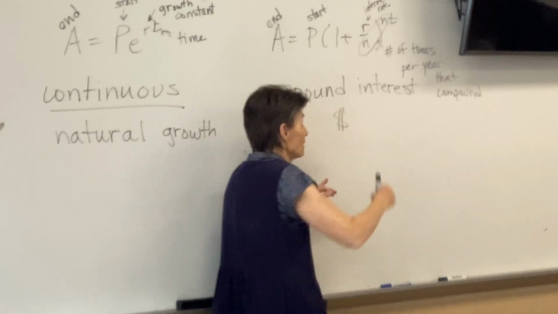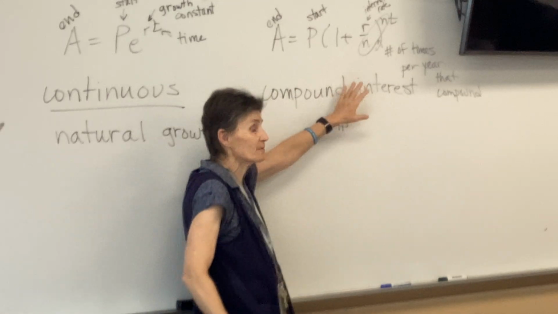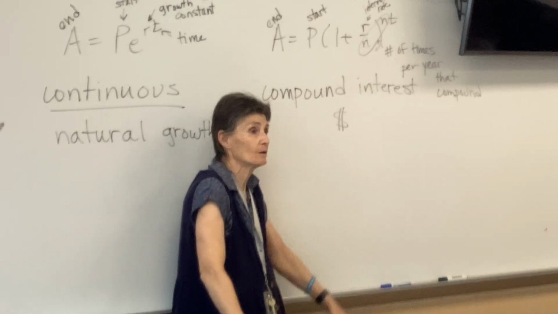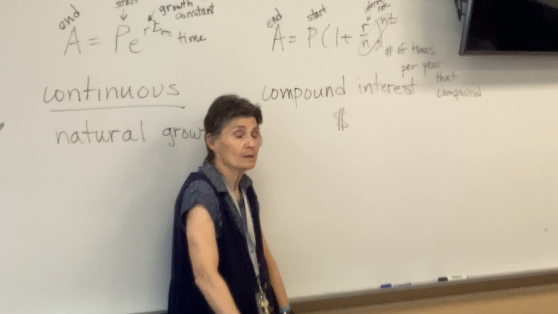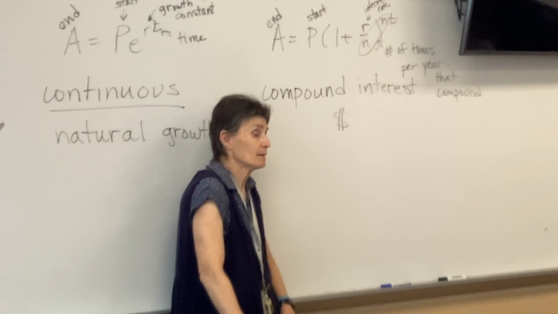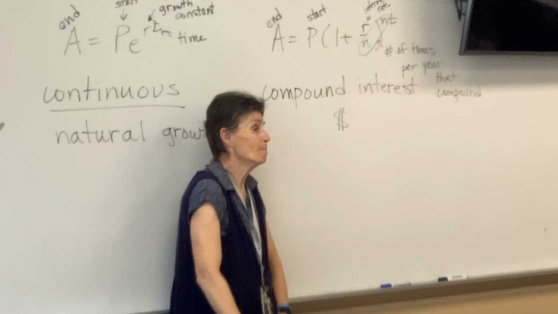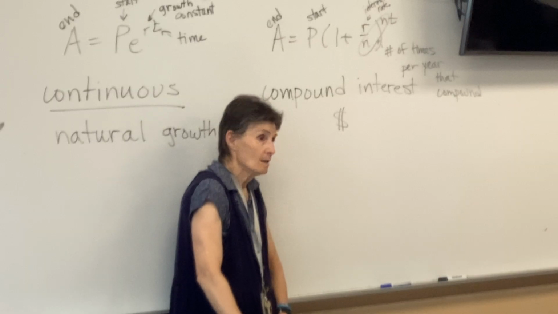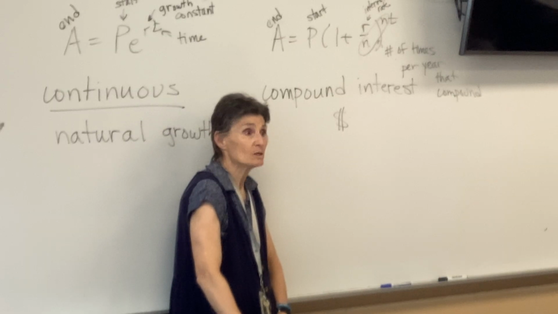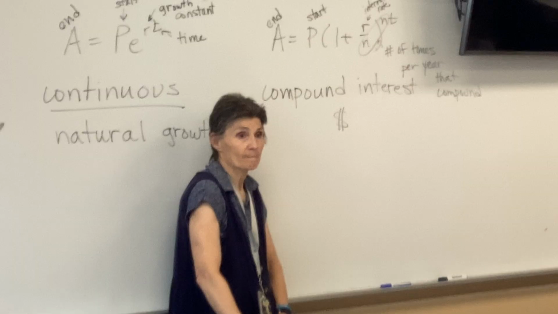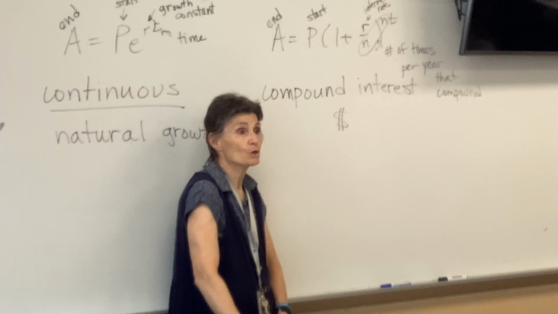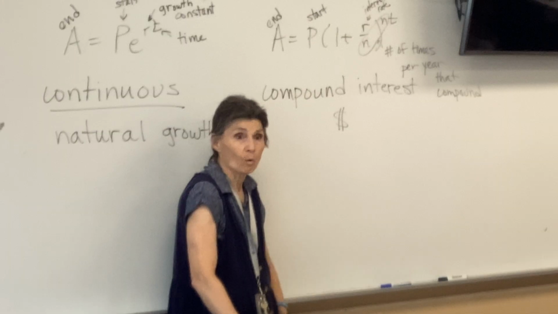It's the number of times per year that you compound. So if your bank compounds monthly, then N would be 12. If it compounds quarterly, then N would be 4.